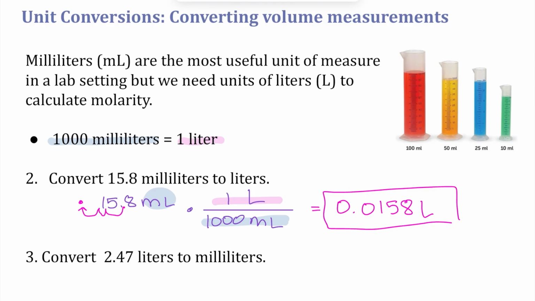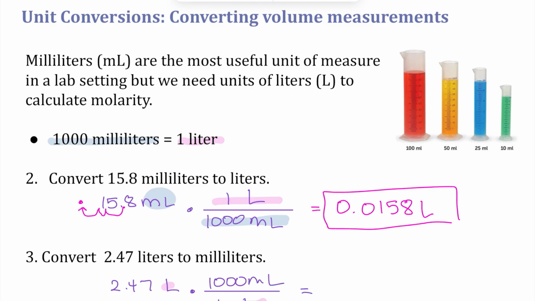Going the other way, 2.47 liters to milliliters. Same setup, looking at that 1 liter is what we want to get rid of. So putting those liters in the denominator, 1 liter, and we want milliliters, so 1,000 milliliters in the numerator.